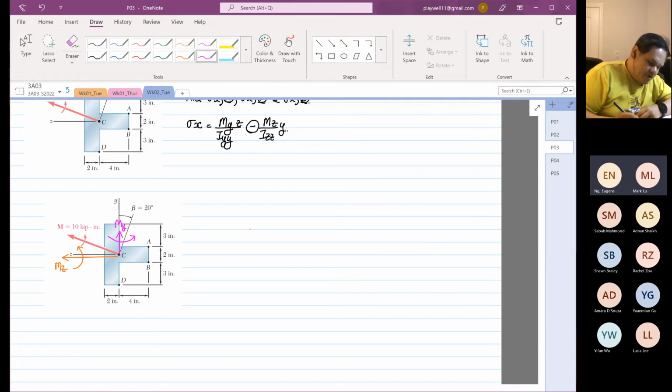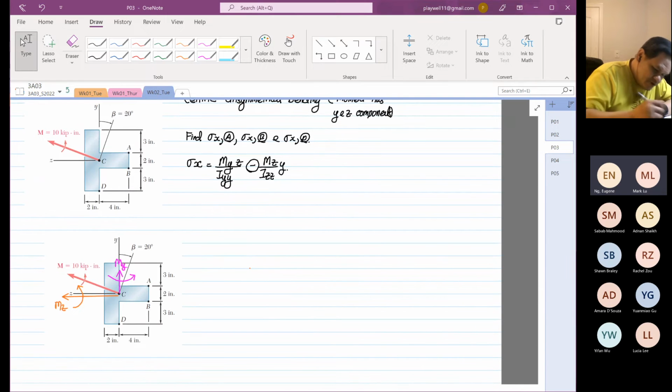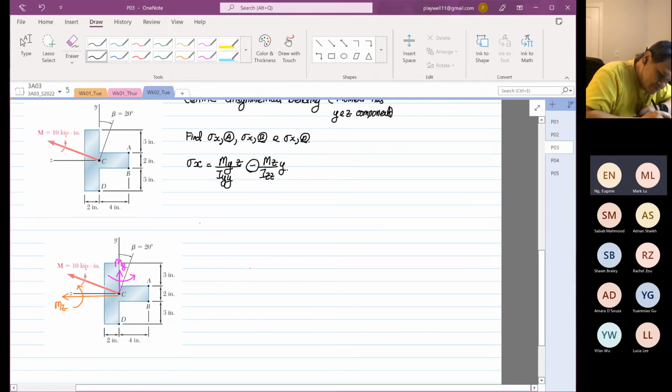So from here we can calculate our moment about the y-axis. Moment about the y-axis is equal to M, which is 10 times 10 to the power 3, multiplied by sine 20.